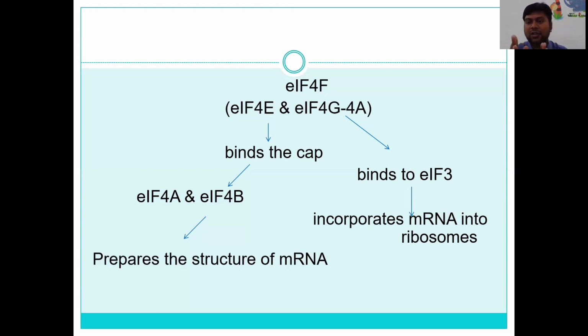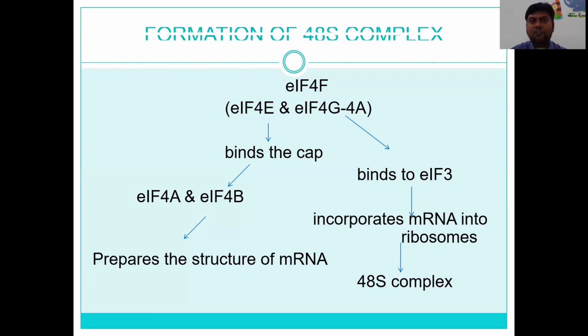This converts the 43S complex into the 48S complex. When mRNA attaches to the 43S complex, it gets converted to the 48S complex. That's why this third step is also called formation of the 48S complex.